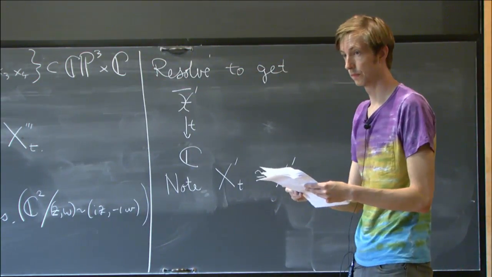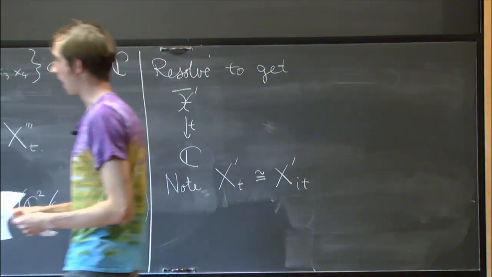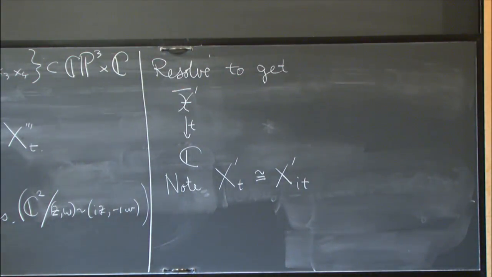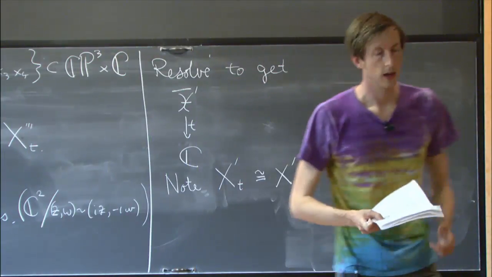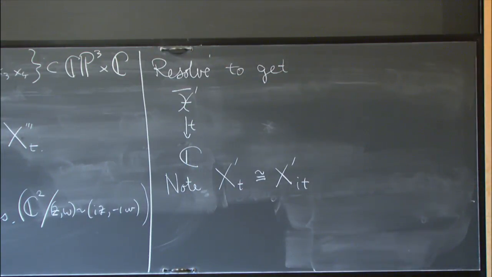Maybe, but what do you mean by this bar? If I have a bar, it means I'm including some singular fibers. Some of the fibers in this family are singular. When I remove the bar, it's going to mean it's a family of smooth fibers, which I can take monodromy for.